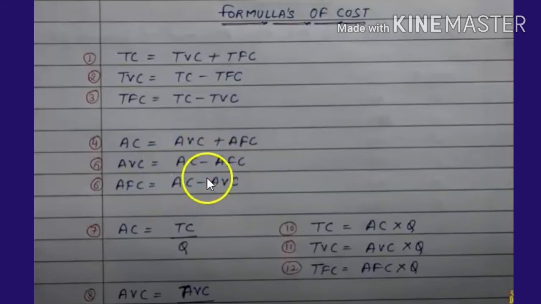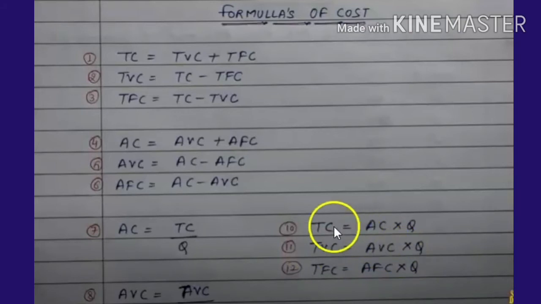AFC equals AC minus AVC. AC equals TC by Q. AVC equals TVC by Q. And the tenth one, TC equals AC into Q. TVC is again found by AVC into Q, and TFC is equal to AFC into Q.